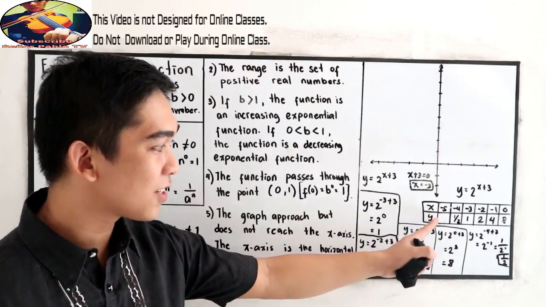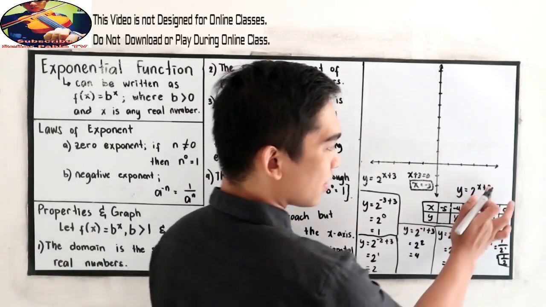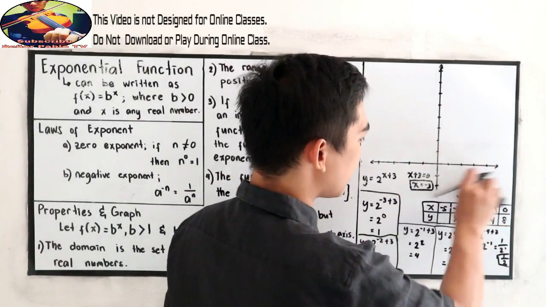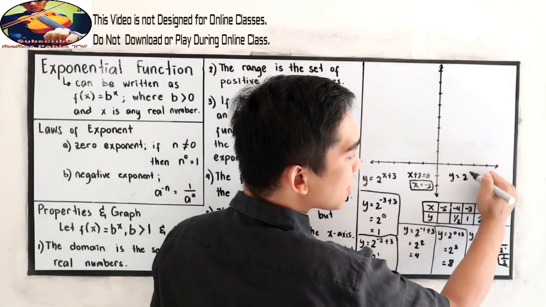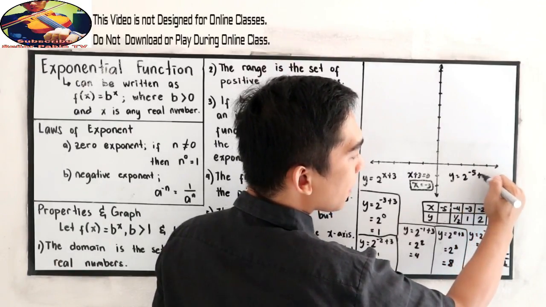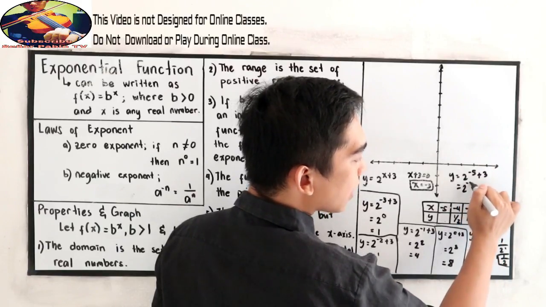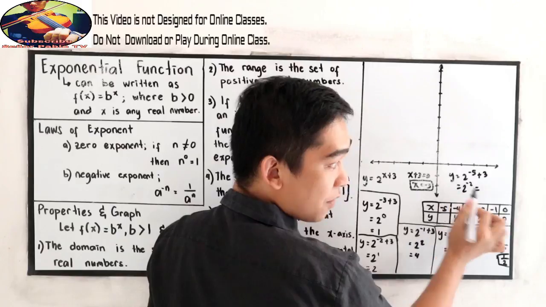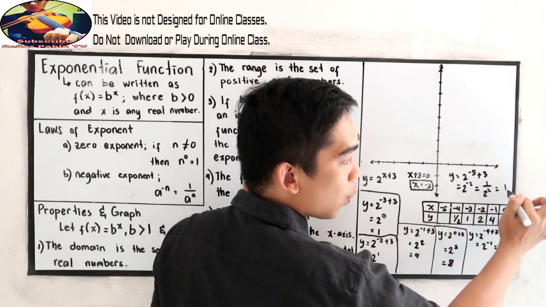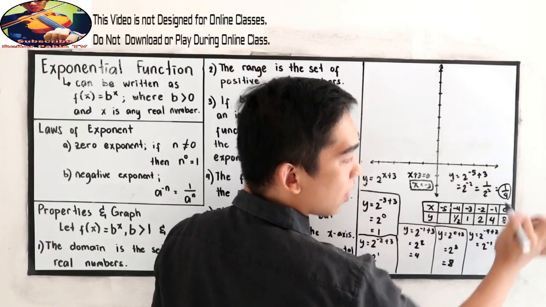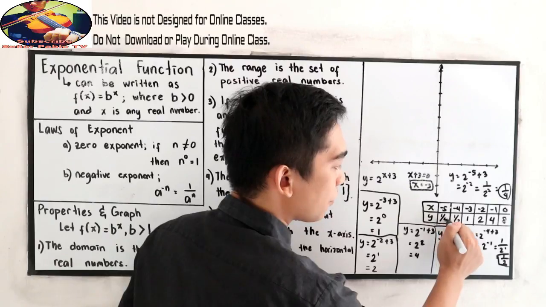And last one, if negative 5, I will erase this. So y is equal to 2 raised to negative 5 plus 3. This will give us 2 raised to negative 2. Negative exponent, that is 1 over 2 raised to 2, which is 1 over 4.